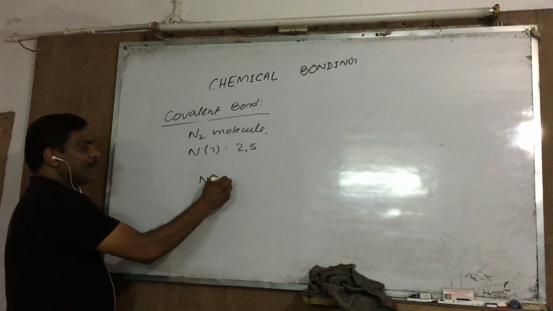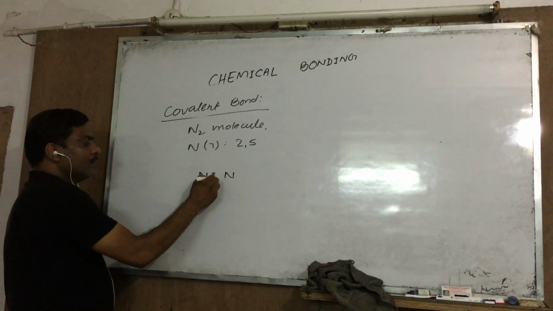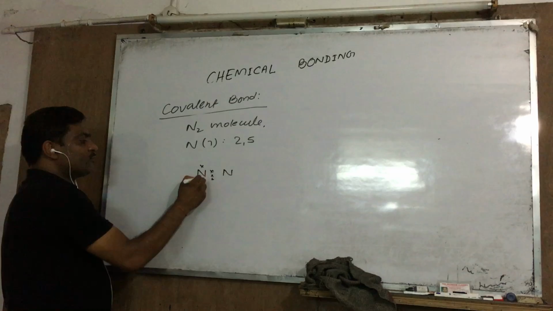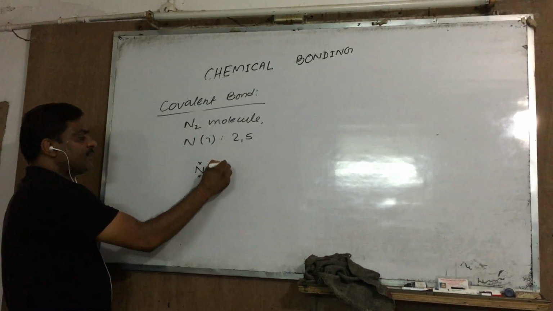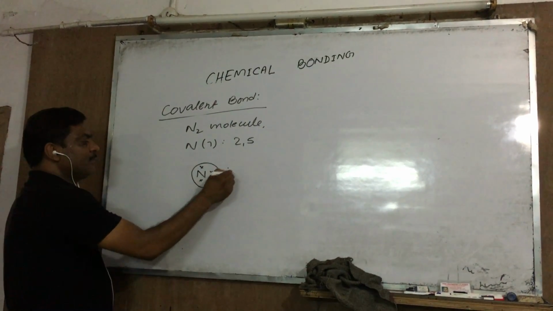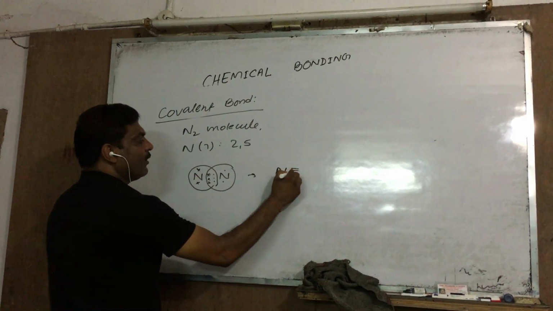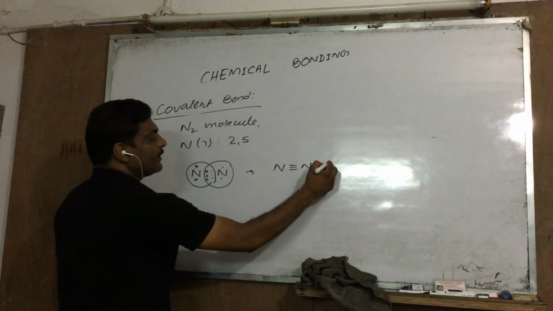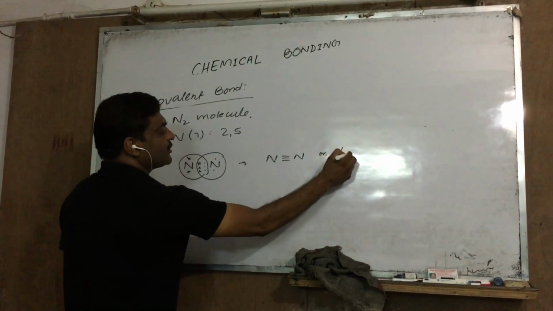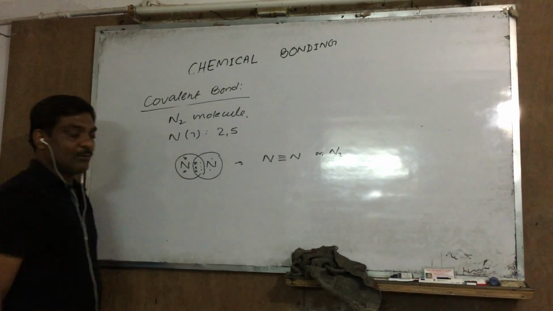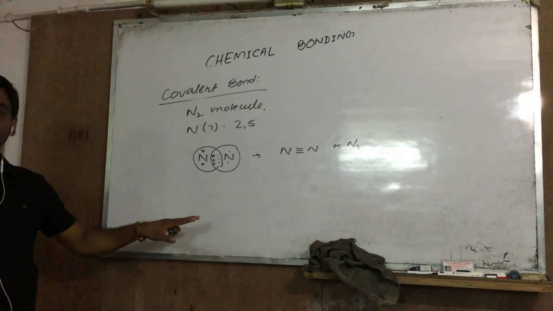So 2 nitrogen atoms will have the mutual sharing of 3 pairs of electrons between them, and there is triple covalent bond between 2 nitrogen atoms, and the molecule is N2. This molecule is covalent molecule. Agreed?